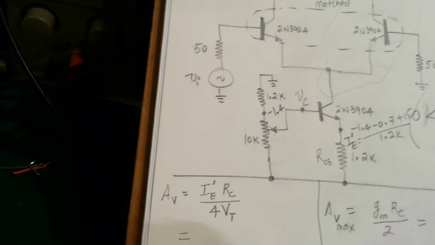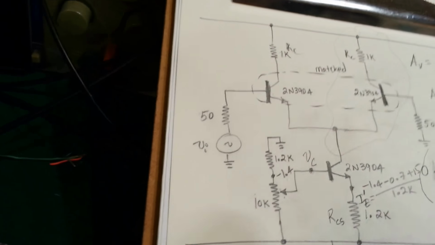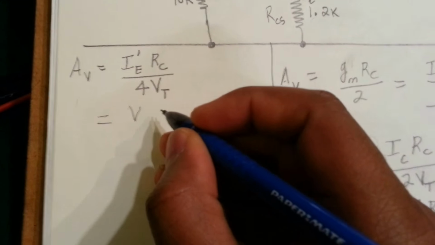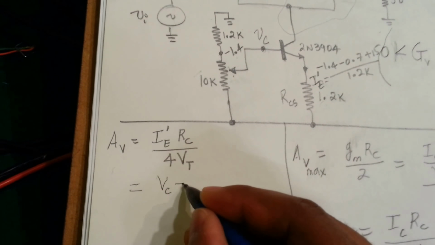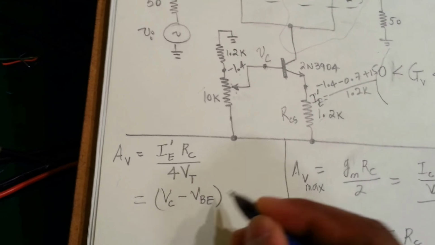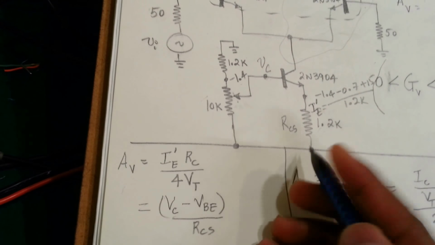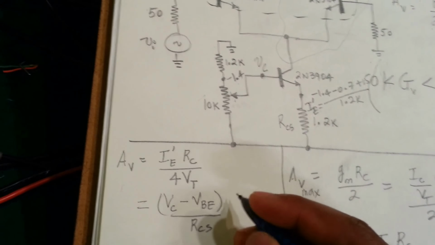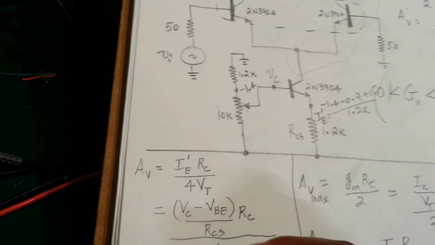So IE then becomes, if I include it here, sorry for the shakiness, VC minus VBE divided by RCS, which we have here, multiplied by RC divided by 4VT.